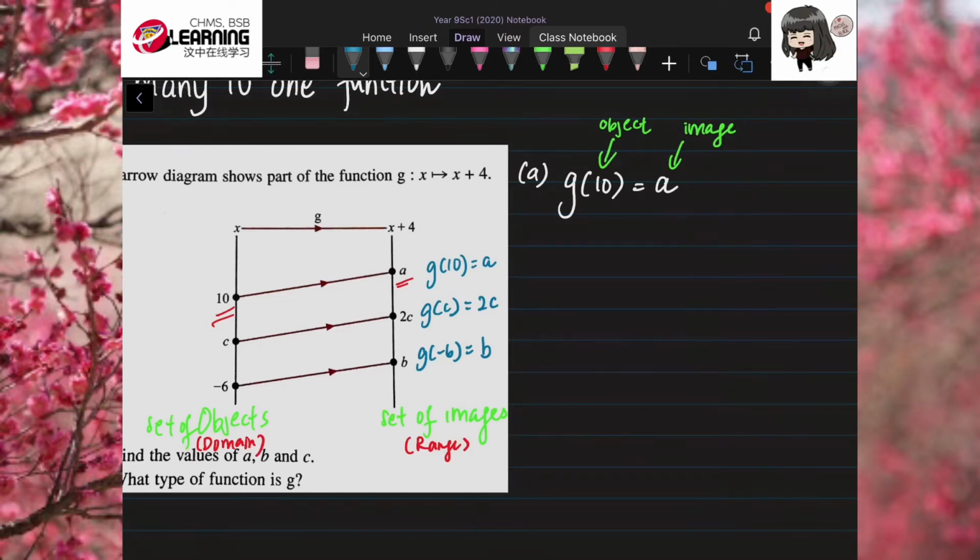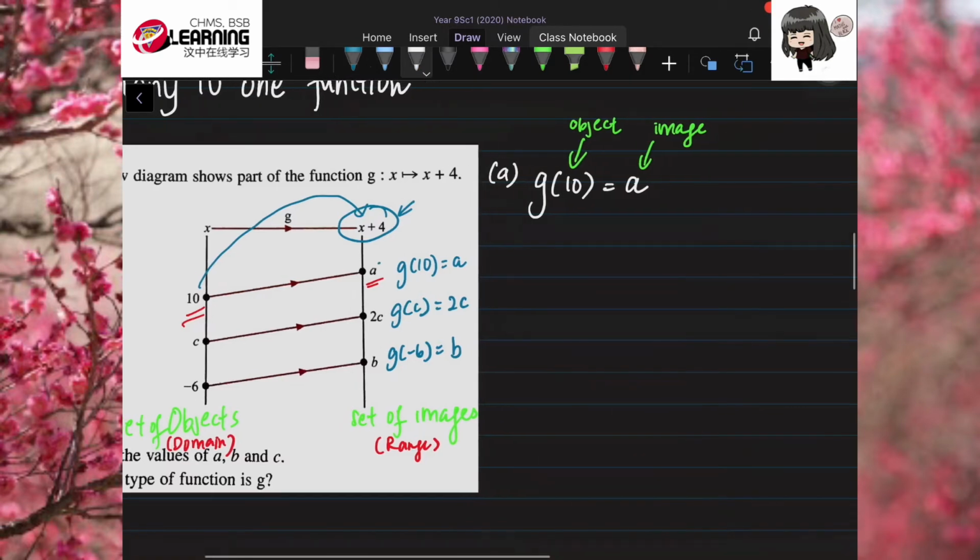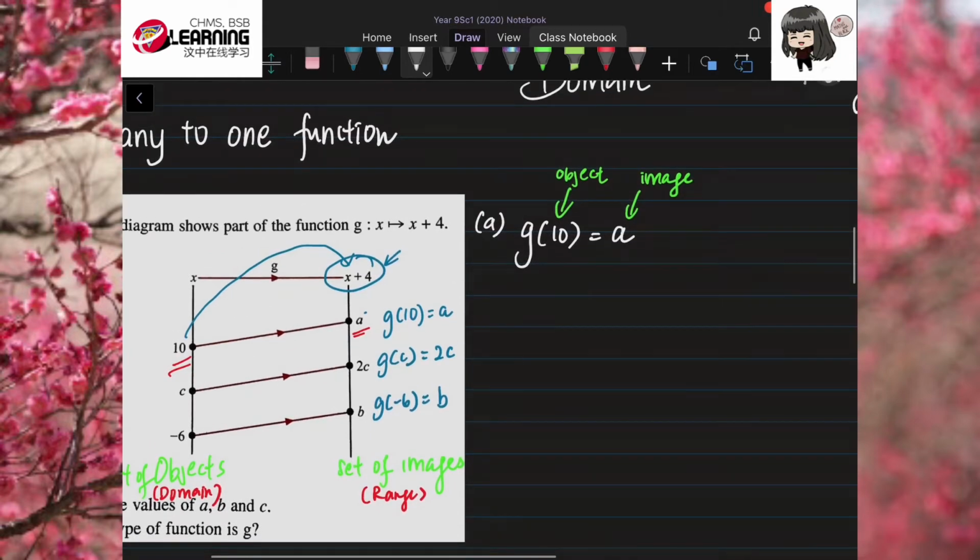Don't forget that the function g is x plus 4. This is an expression, x plus 4, which is a function, which means that when we sub 10 into the x, it will give you an output or image of a. So we start off with g of 10 is a.